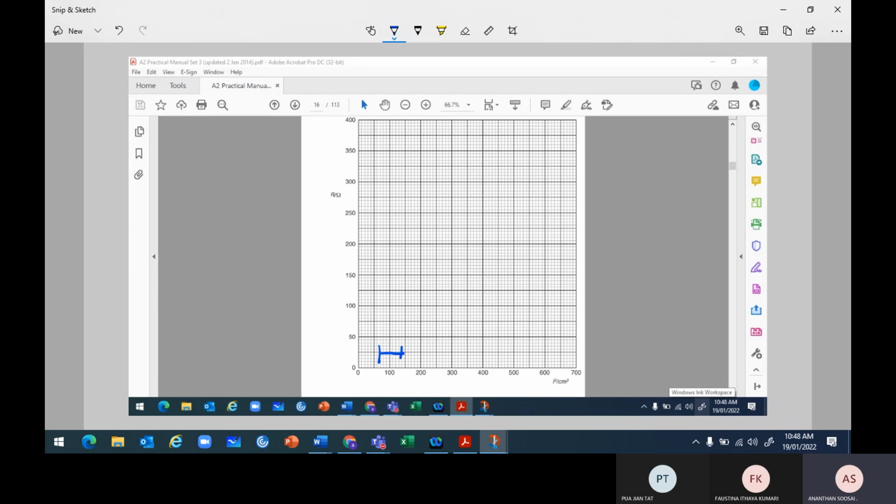I'm just drawing roughly. Drawing the worst fit line, do we go for the steepest gradient or the less steep gradient? Your choice, the extreme one. Normally you go for the steepest.